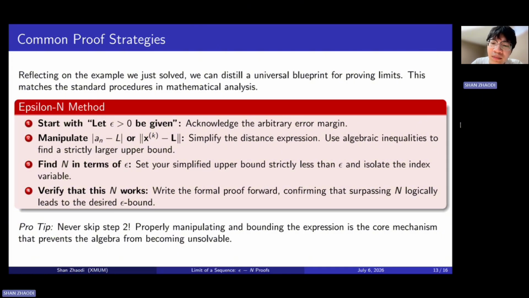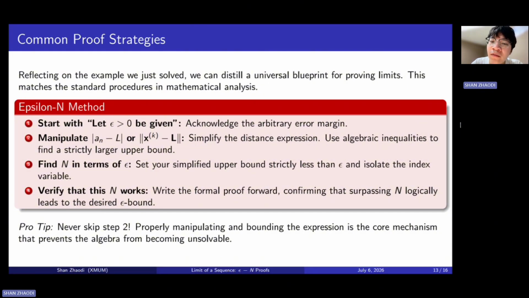Reflecting on this example, we can distill a universal proof strategy for the direct epsilon-N method. First, always acknowledge the arbitrary error margin by stating that epsilon greater than 0 be given. Second, manipulate and bound the distance expression.